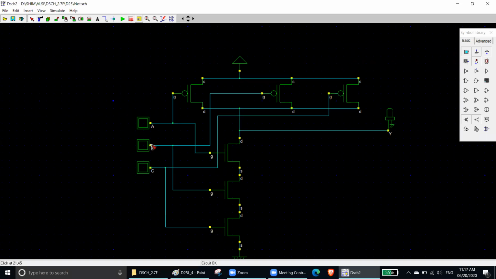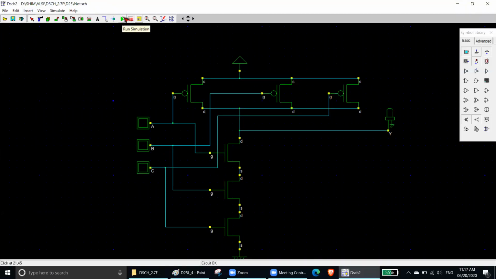With two inputs, you have two PMOS, both of them in parallel, and NMOS in series. Why are they in parallel and series? This has a rule. I will let you understand later. When you have three inputs, you will have three PMOS and three NMOS.